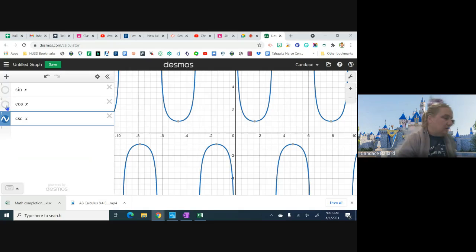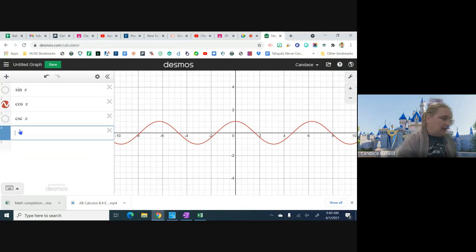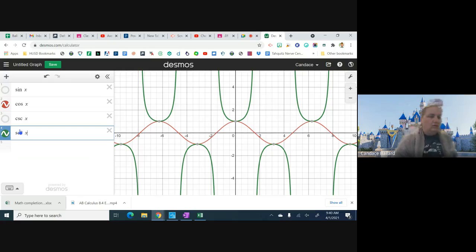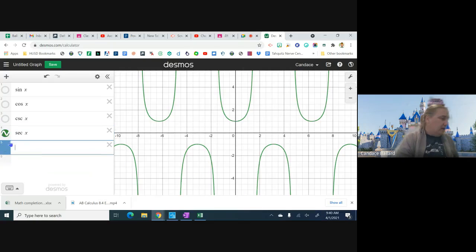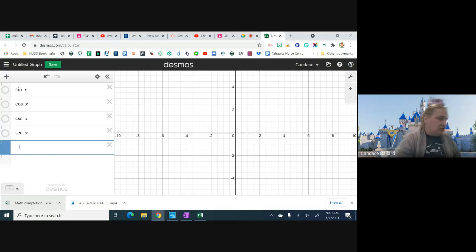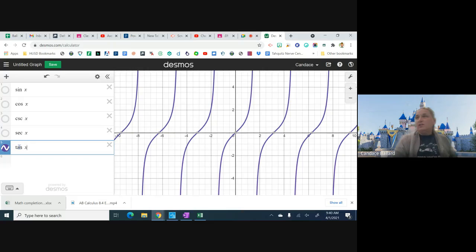Okay, let's look at cosine and secant. Again, it's the reciprocal, it's flipped, and I have that vertical asymptote going on. Okay, let's look at tangent and cotangent. Tangent and cotangent are their own beast. There's tangent.